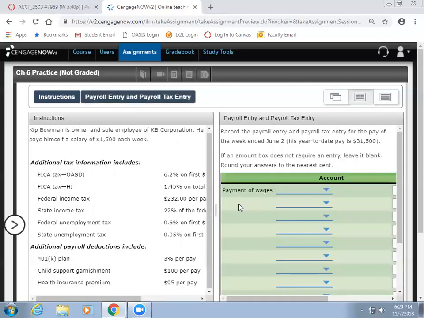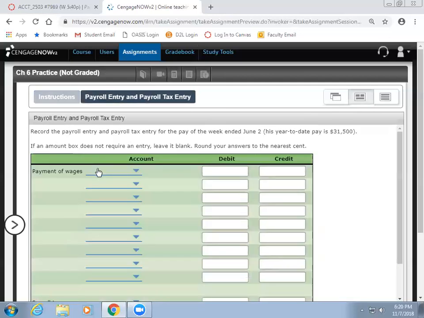On this one, since we are dealing with multiple pay schedules here, they tell us that we're doing the pay for the week ended June 2nd, and they actually give us his to-date pay. So before this June 2nd paycheck, he has earned $31,500. And we know that's important when we're dealing with limits, okay? Well, he's nowhere near the Social Security limit, so all of his wages are going to be subject to FICA Social Security.